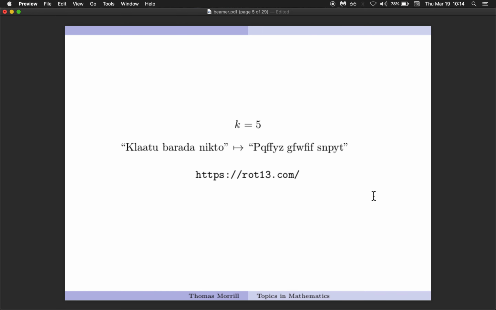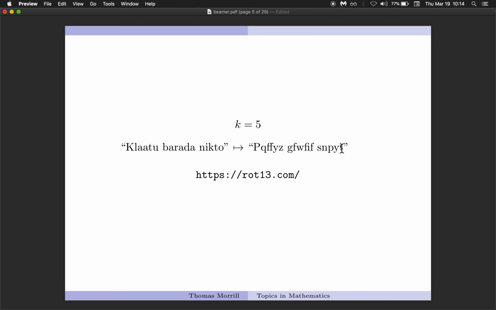For example, let's shift the alphabet over by 5 places. My message that I want to encrypt is Klaatu Barata Nikto. It's just a nonsense phrase from a very old movie. And I'm going to take each of my letters and move it over 5 places in the alphabet.